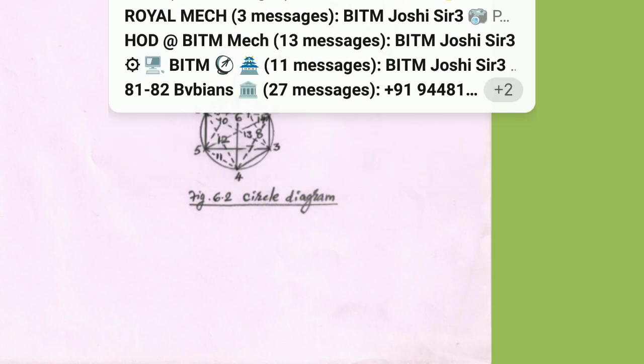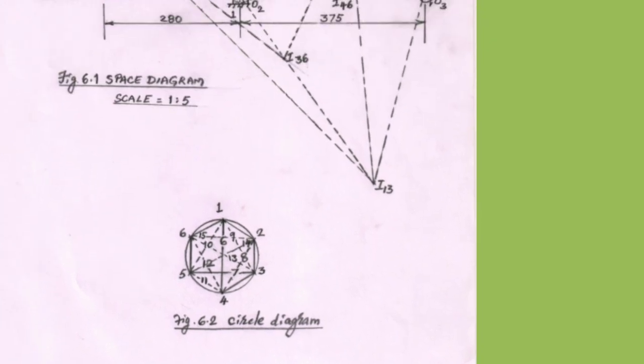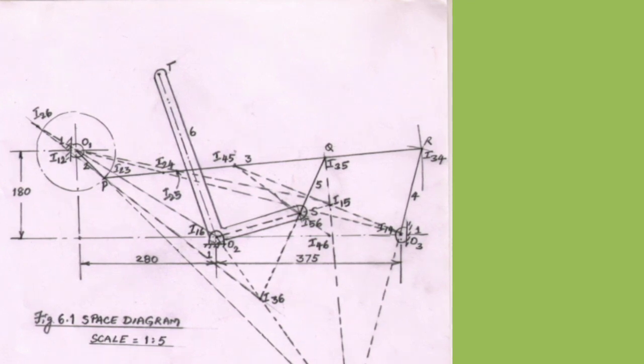It need not be in the middle of the triangle. It can be anywhere, but it should have a common side 2, 4. So once you have common side 2, 4, you can join 1, 2 and 1, 4, and you will get 2, 4. One more triangle says join 2, 3 and 3, 4. Again you will get 2, 4.